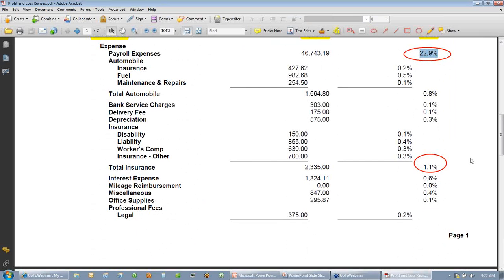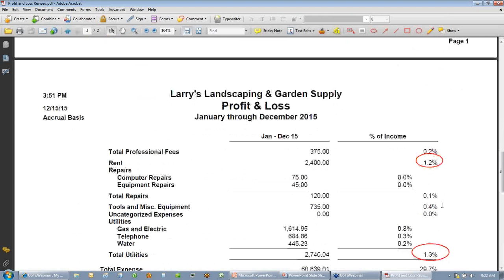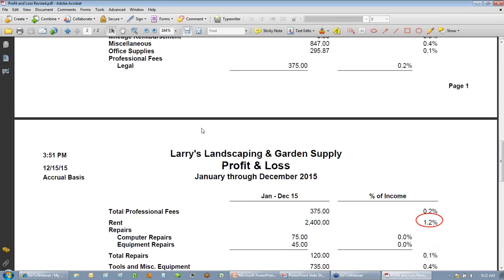If I'm expressing my profit and loss as a percentage of income, I can quickly see what my largest expenses are compared to income. Here I have payroll, my insurance is high, and my occupancy costs are pretty high, meaning my rent and utilities to maintain my building. Those are my three largest: my occupancy costs, my payroll, which is usually your highest, and my insurance costs.